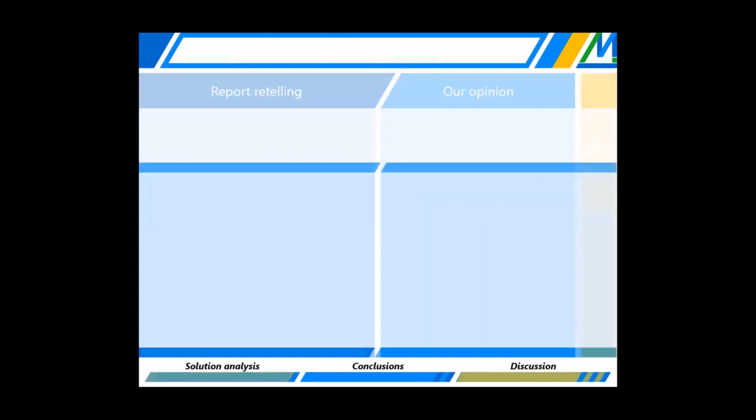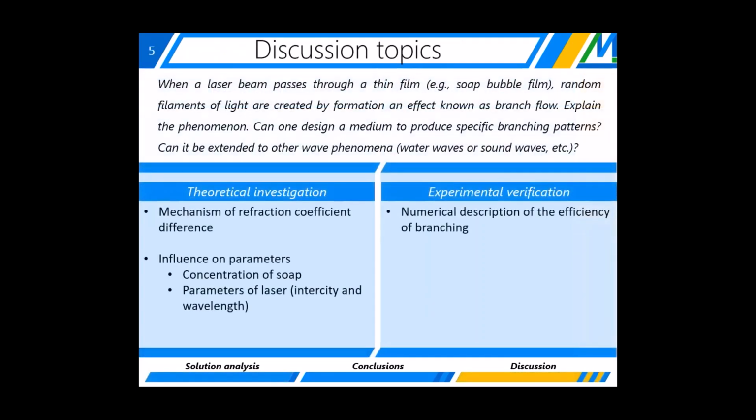So we think that it was the main improvement of this report. So we propose such discussion topics, and I want to start with the mechanism of the refractive index difference in this task. Is it really only what was shown in the report, or maybe any different mechanism may influence the picture?